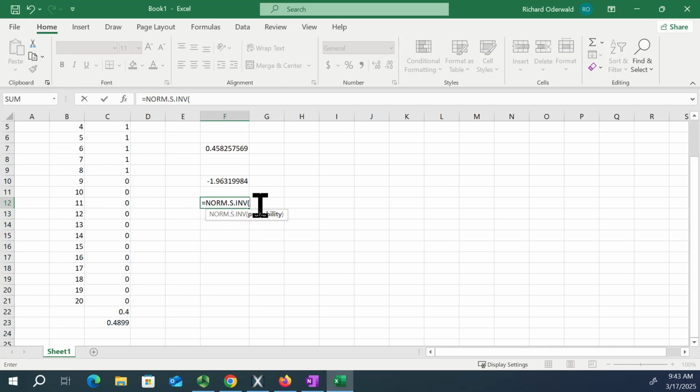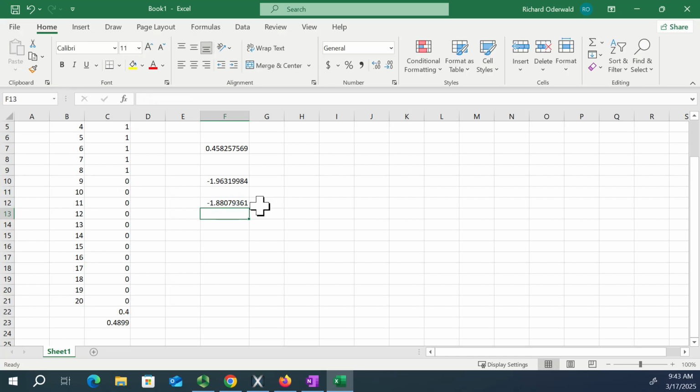If I put in 0.03, I'm going to get the standard normal distribution, which is minus 1.88 on one end, plus 1.88 on the other. That's the number of standard errors up and down I have to go. The t has sample size involved.